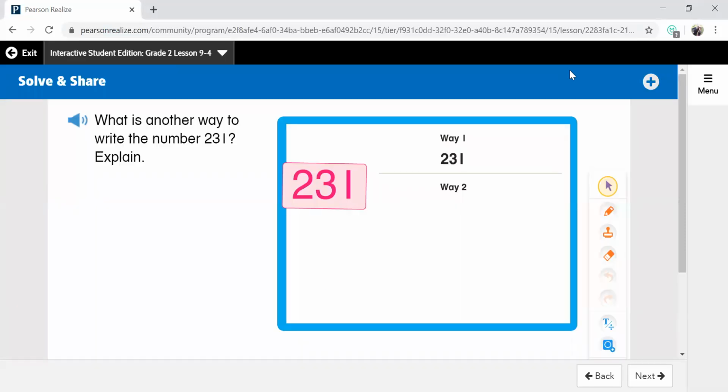What is another way to write the number 231? So the first way, you can see they just wrote the number. The second way, there's plenty of ways we can do this. We could draw it, we could use the place value chart, we could write it, or we could even do it in expanded form.